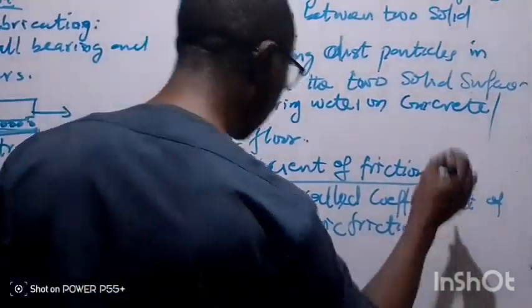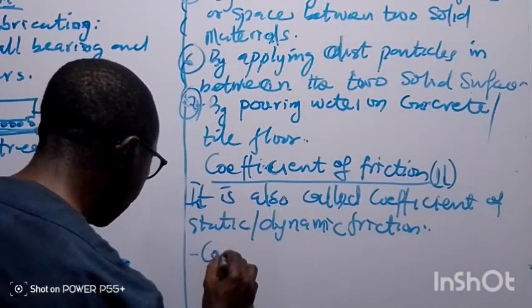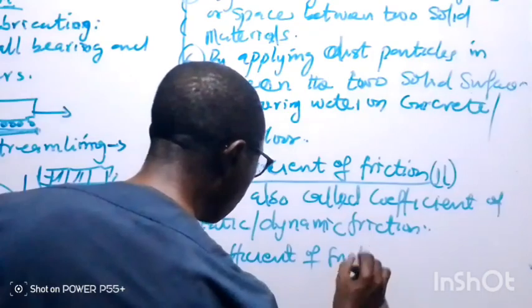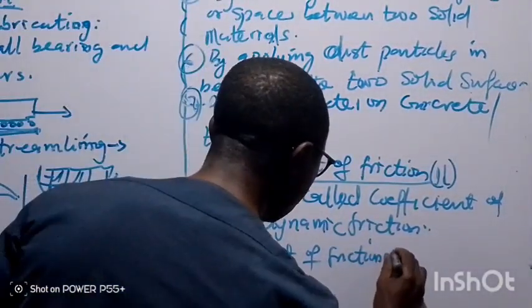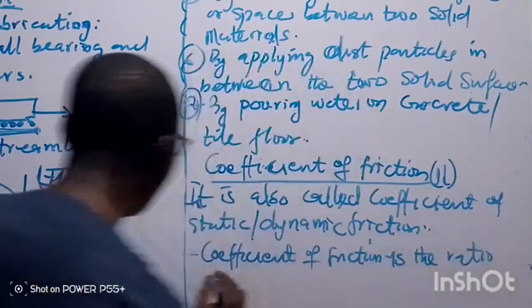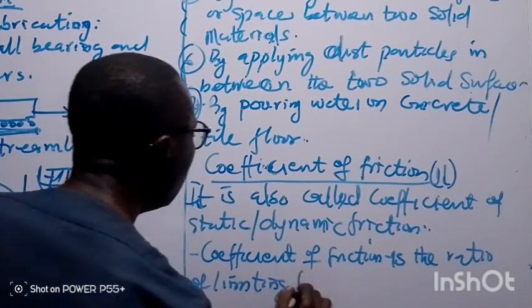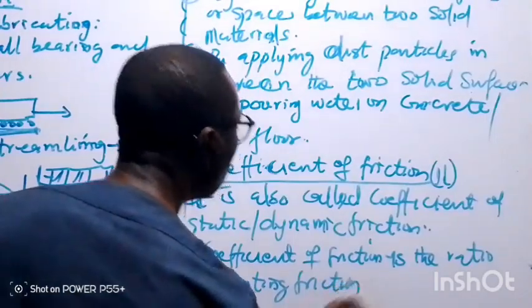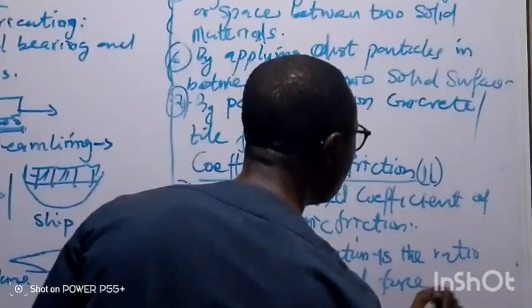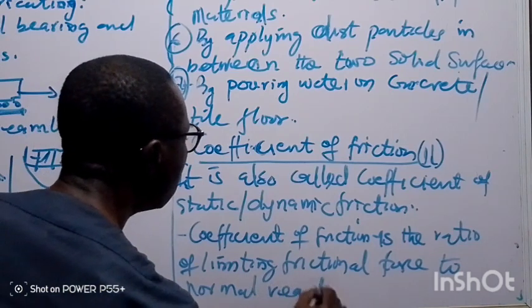And in definition, coefficient of friction, mu, is the ratio of limiting frictional force to normal reaction force.